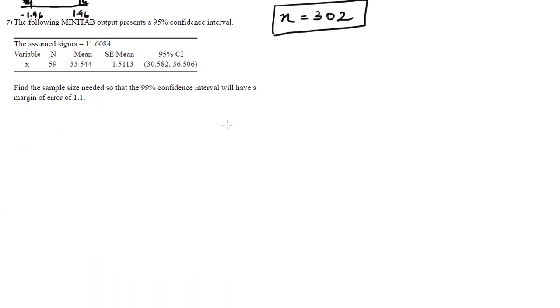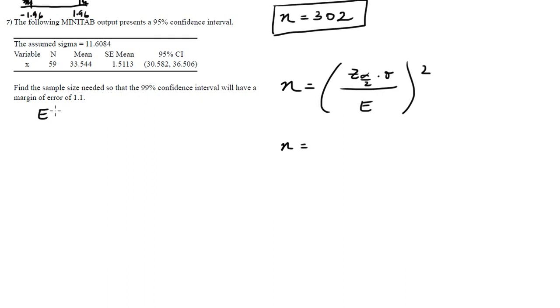Number 7, another Minitab output, another 95% confidence interval. Same kind of question. Find the sample size needed. n equals z alpha over 2 times sigma divided by the margin of error, squared, so that the 99% confidence interval will have a margin of error, an E, of 1.1.